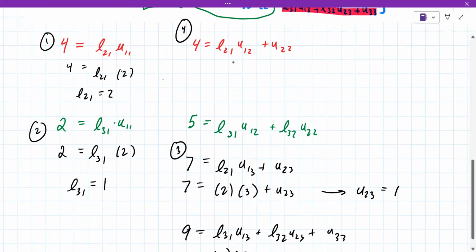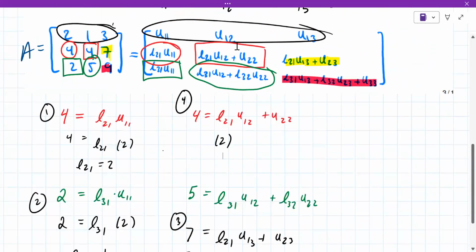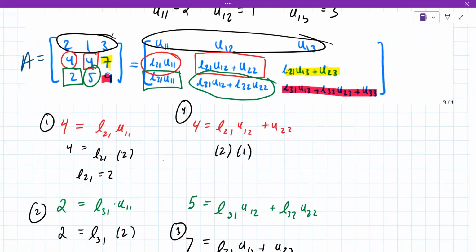Because we have L21. L21 is 2. U12 was given, that's 1. So we can then solve this for U22. The teacher in class should have talked about an order to solving this. So U22 equals 2, because 2 times 1 is 2, you subtract it, you get 2. All right, U22 is 2.